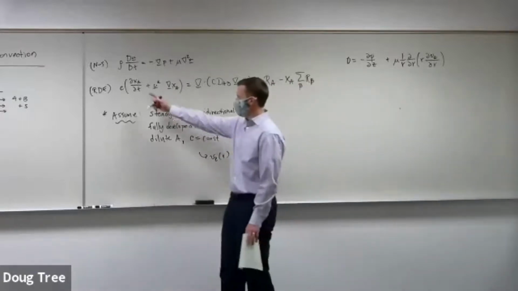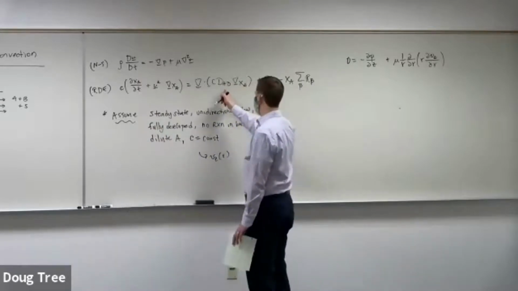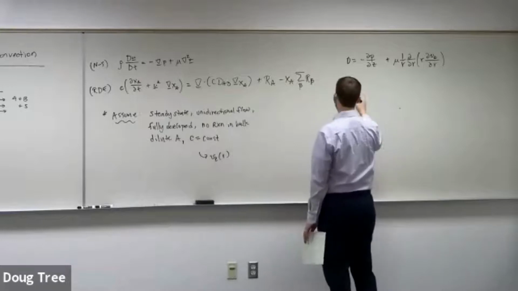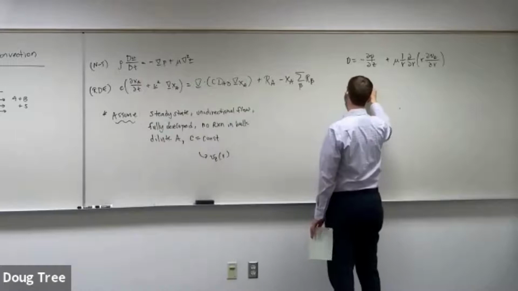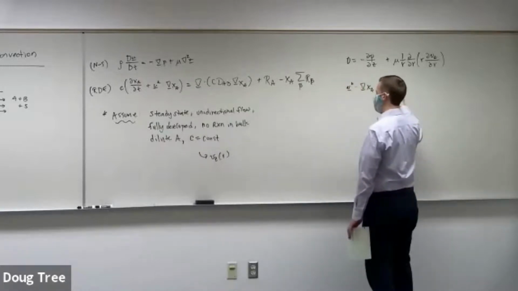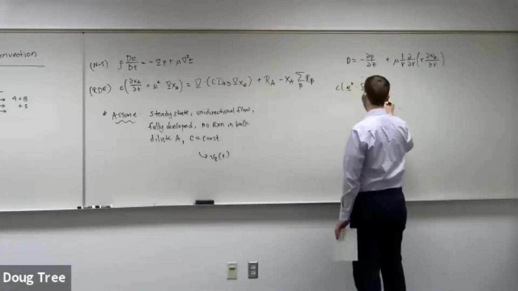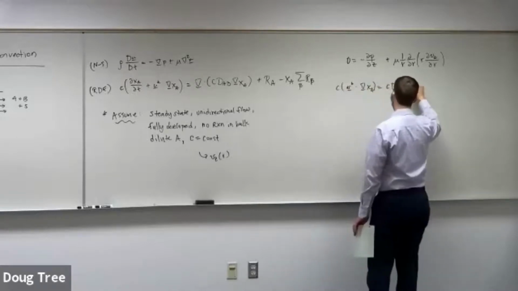Okay, and then let's think about this one. So we said steady state, so that guy's 0. And we said dilute, so that piece comes out, and there's no homogeneous reactions. So we should get v star dot grad xA is equal to c DAB grad squared xA. Oh, I forgot the c over here. Put the c out front.